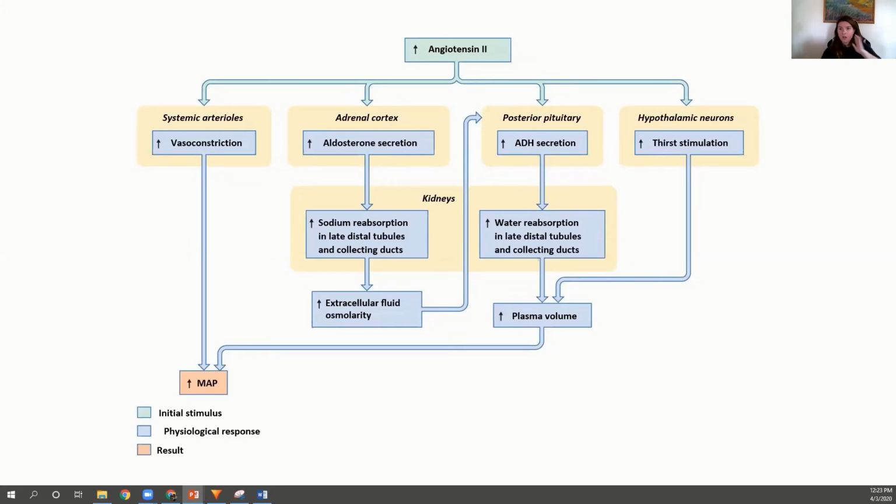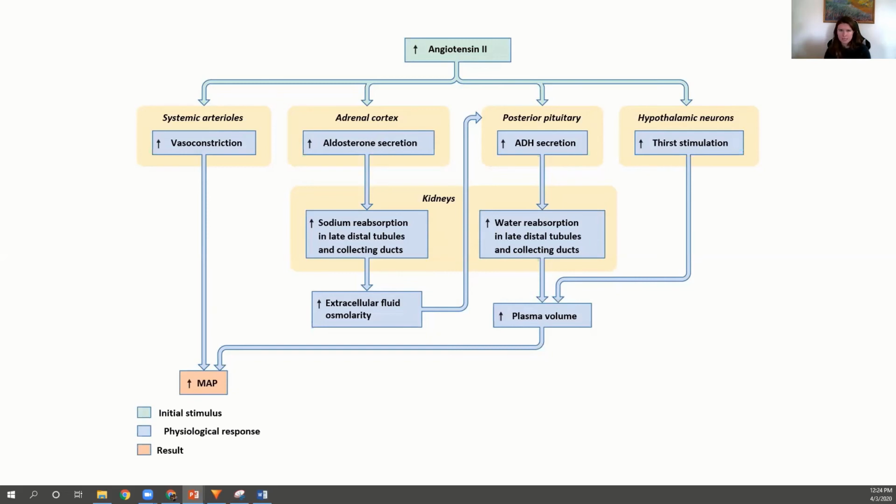Okay, so we can see that there are other effects of angiotensin 2 as well. What we've just been talking about is angiotensin 2. If you have high levels of angiotensin 2, it basically tells your adrenal cortex to make aldosterone. So high levels of angiotensin 2 will lead to high levels of aldosterone.